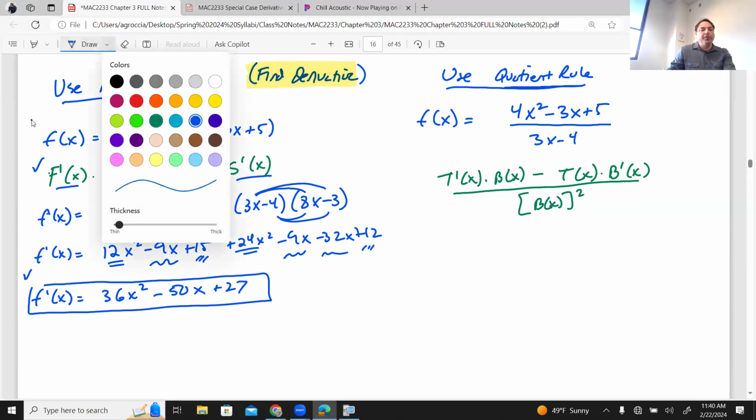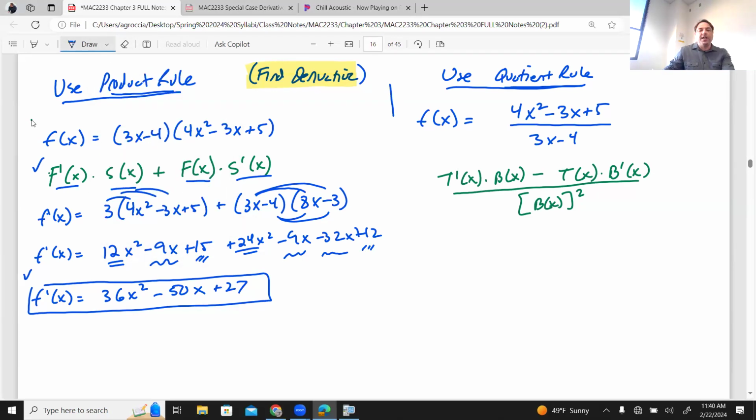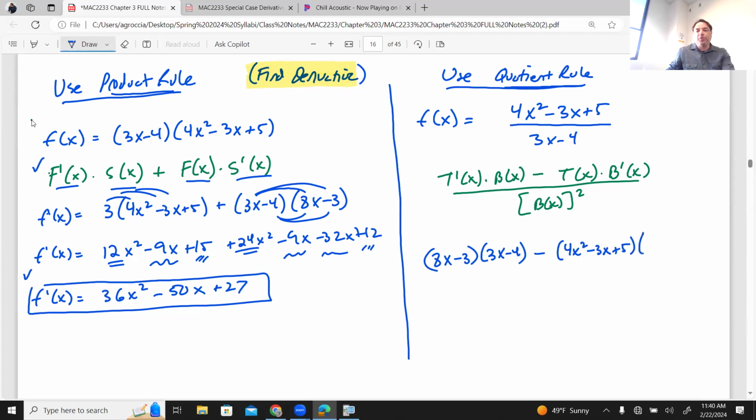So when we do that, the derivative of the top would be 8x minus 3 times the original bottom, 3x minus 4, minus the original top, 4x squared minus 3x plus 5 times the derivative of the bottom, which is 3, all over the original bottom, 3x minus 4 squared.